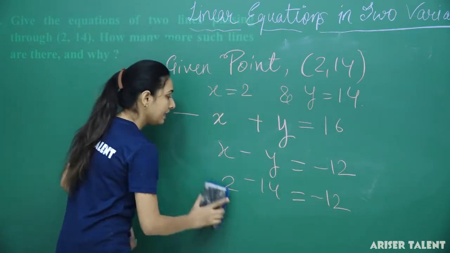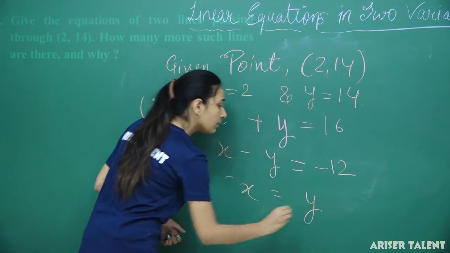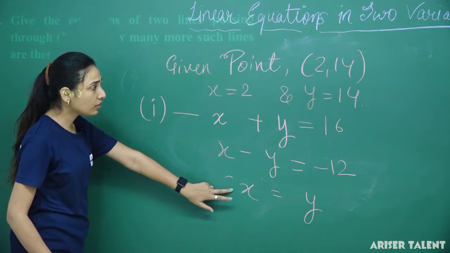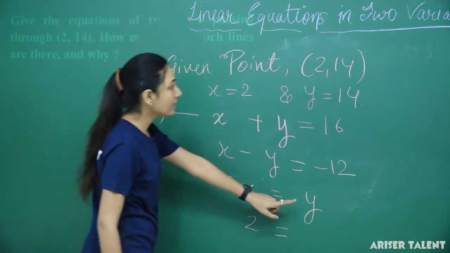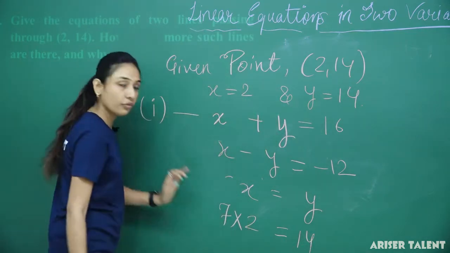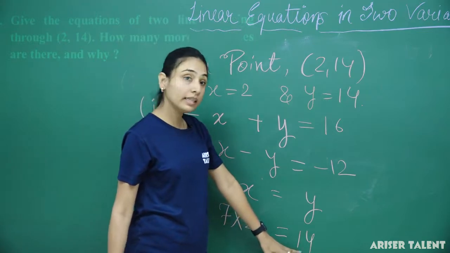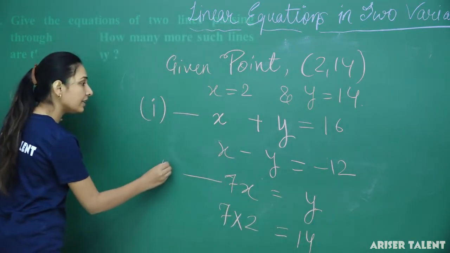And if I write x here and y here, x equals 2 and y equals 14. Now if you multiply this 2 with 7, you will get 14. That means I can have 7x equals y as the third equation.